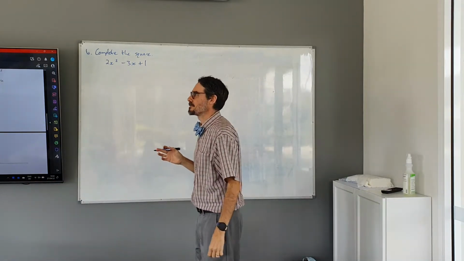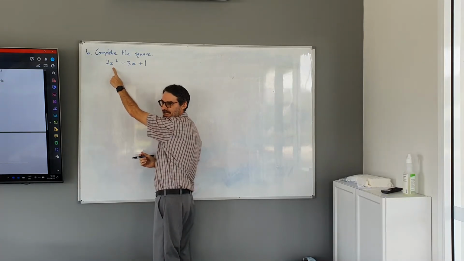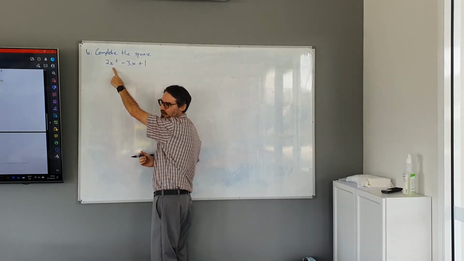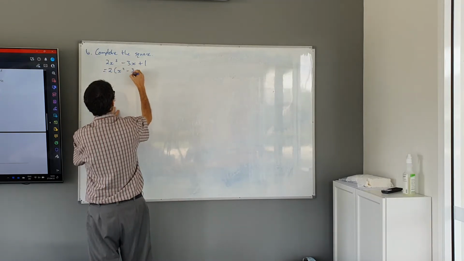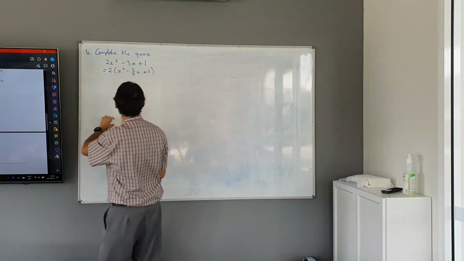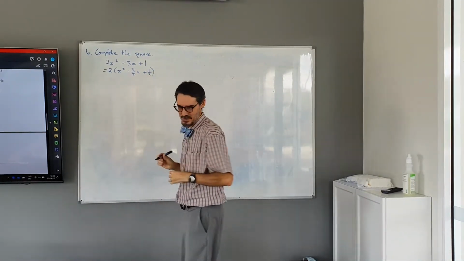I'm hoping what you have done in the past is just turn this into a monic, yes? It does make it a bit easier most of the time. So the first thing we do is go 2x squared minus 3 on 2x plus 1. Aha, correct.